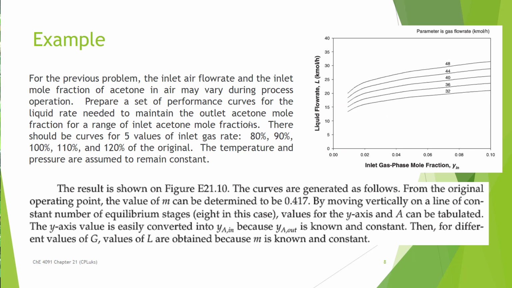And so they do that, and they created these graphs here based on the various values that they would have of A. So they've changed the gas flow rate, and the liquid flow rate needs to change correspondingly in order to have a similar value of A, right? L over G over the K, the equilibrium y over x. And so that's what they've done in this graph. And again, the advantage of creating graphs is that you learn trends.